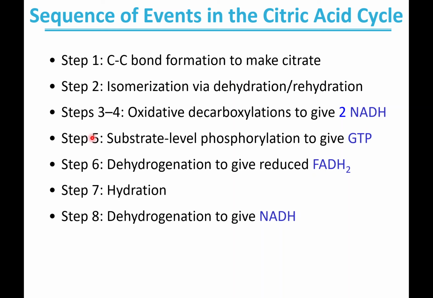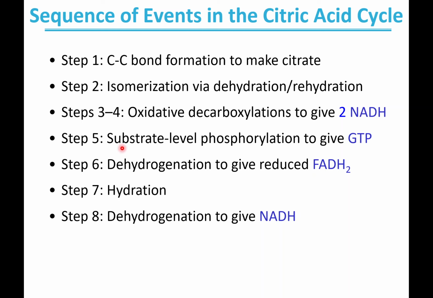And what we're doing there is making a better part on that molecule to oxidize. So in steps 3 and 4 is where we get the oxidative decarboxylations. We're taking off 2 carbons in the form of CO2 to give NADHs.